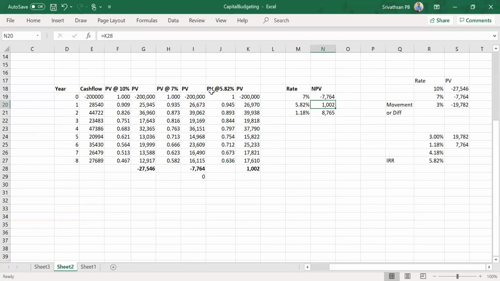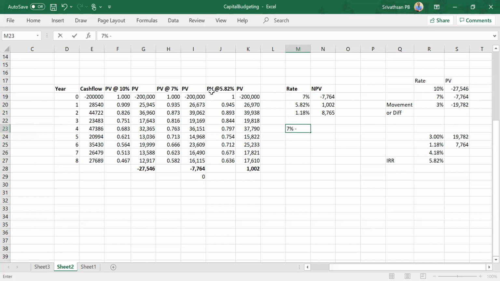So if you start at 7%, you have to reduce the rate. So it must be 7% minus the cross multiplication I was talking about. If I start from 7%, how much should I come down? 7,764. So I need to come down by 7,764.